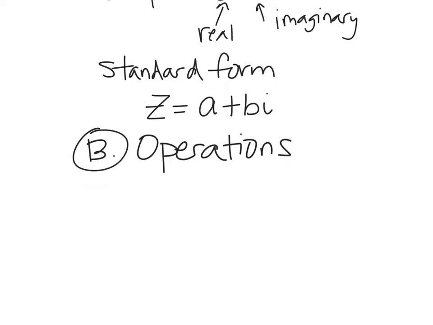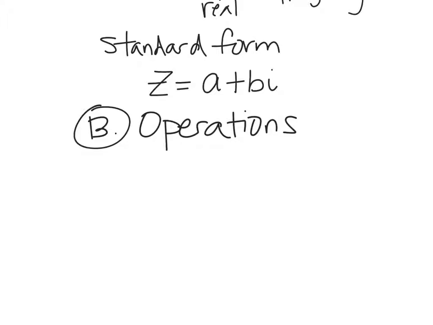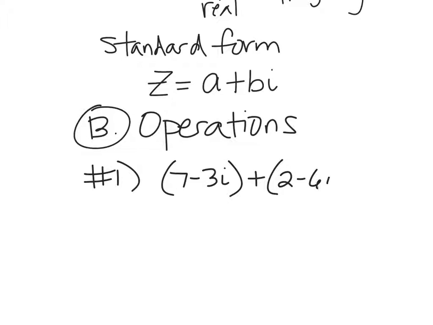All right, so let's do some operations. Let's get some imaginary and complex numbers, and let's go ahead and combine them, subtract them, do all the things. Here we go. Number 1. Suppose that you have 7 minus 3i plus 2 minus 6i. And we are going to do the operation stated. Now, it's funny.